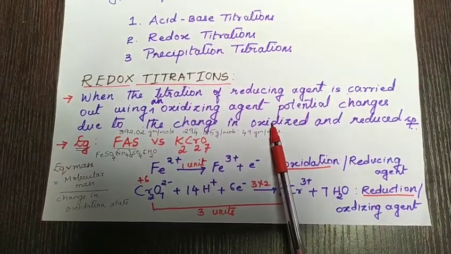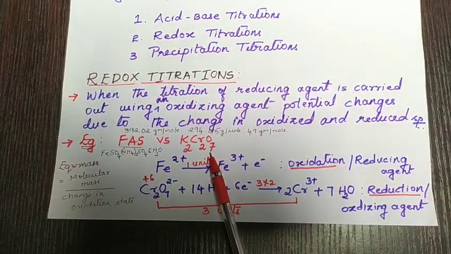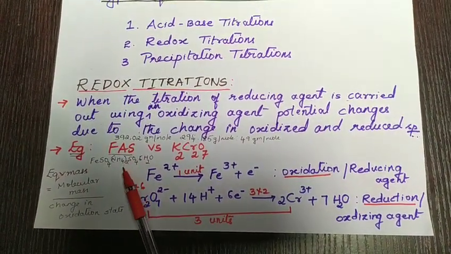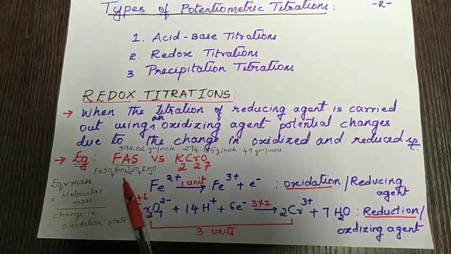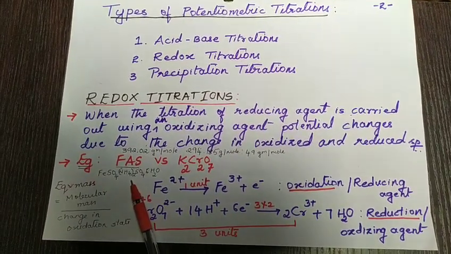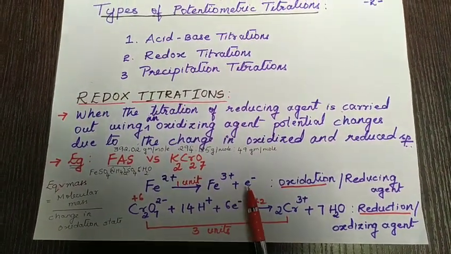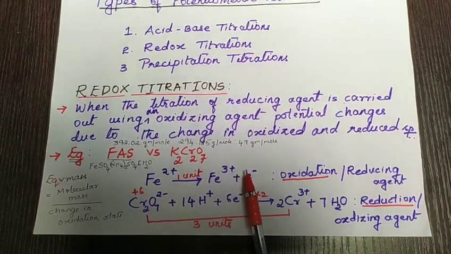Let us take an example of the reaction between ferrous ammonium sulfate and potassium dichromate. We know that ferrous ammonium sulfate is a double salt, and the oxidation state of Fe in FAS, ferrous ammonium sulfate, is +2, and it oxidizes, loses an electron, and the oxidation state changes from +2 to +3.